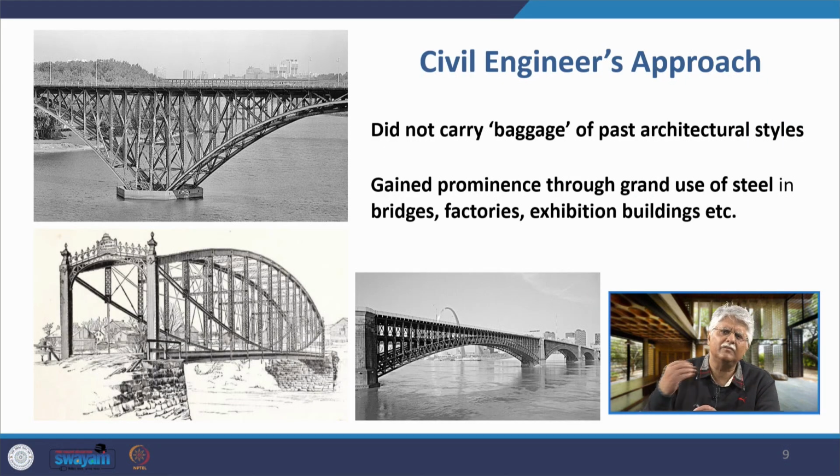And then there was the civil engineer's approach. They did not carry the baggage of the past. They gained prominence through the grand use of steel in bridges, in factories, in exhibition buildings, etc. One of the people who made a very major contribution, and I talked about it in a separate presentation, was the impact of the Crystal Palace, which was designed by Joseph Paxton, who was a gardener.